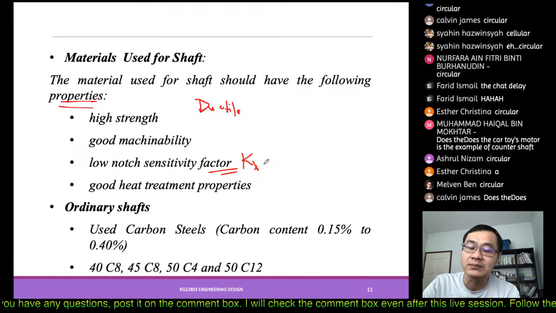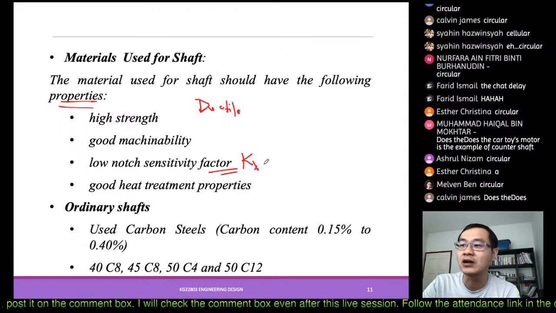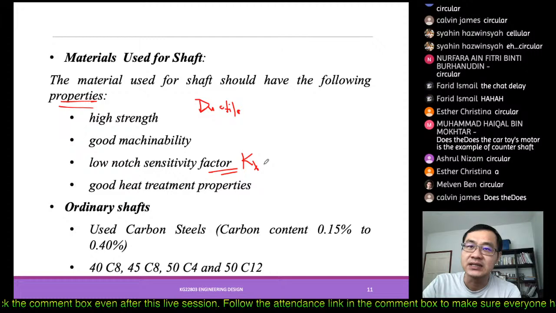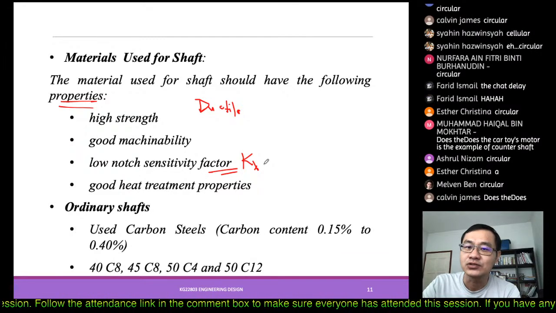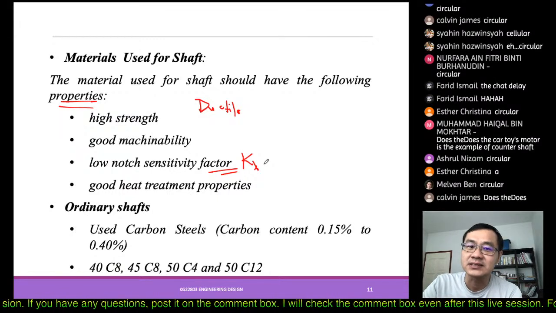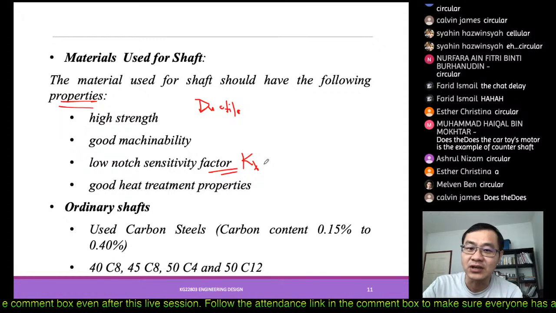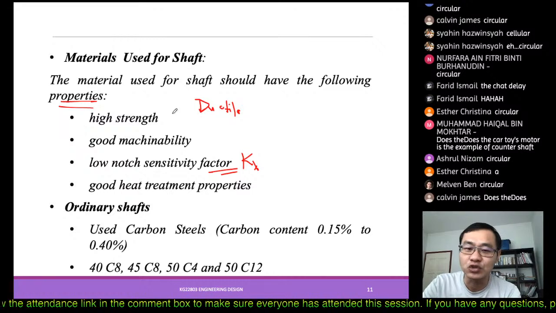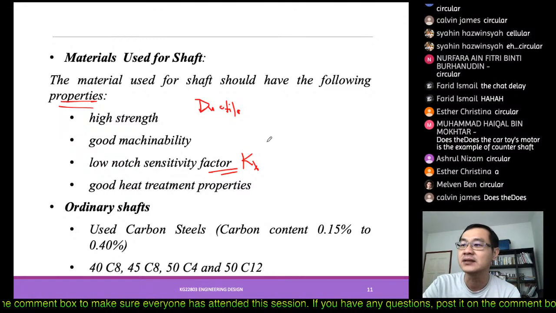So after we machine it, usually we will do some kind of heat treatment to strengthen the outer side of the shaft so that it is stronger on the outside, so it can become less sensitive to strain, less easy to be scratched, because scratches may increase the possibility of breaking down the shaft and so on. All right, so we may want to do some kind of heat treatment.